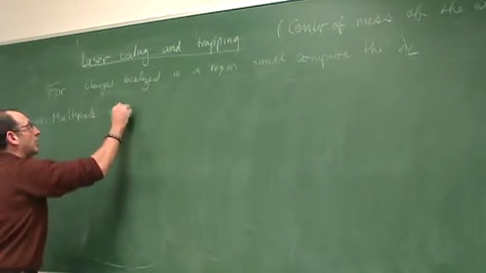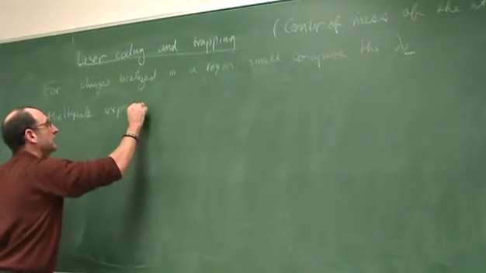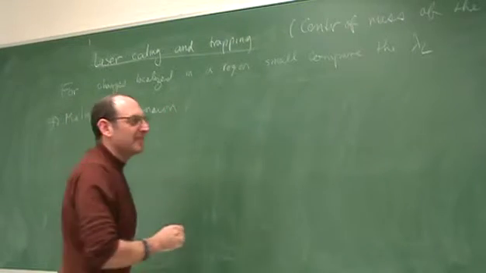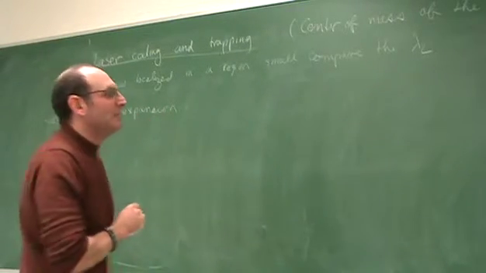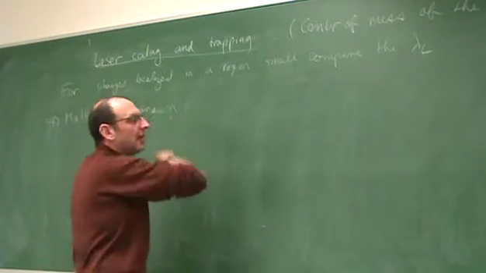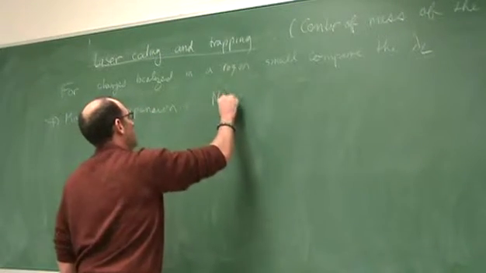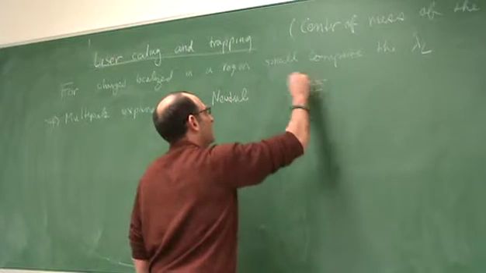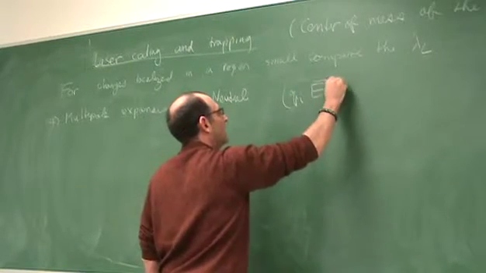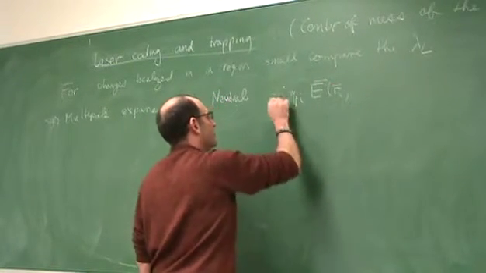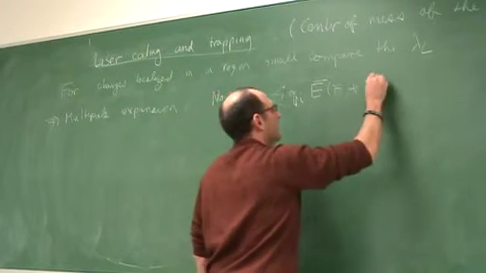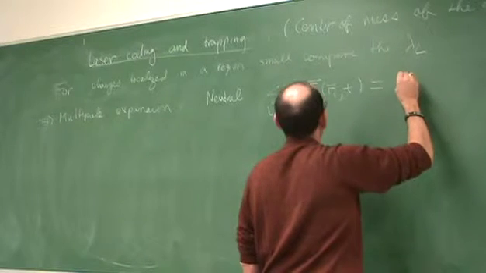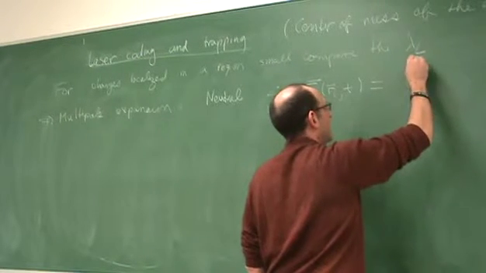And since we're talking about a neutral atom here, I hope we'll get to talk about ions before the semester ends. But for neutral atoms, there's no monopole moment, so the QE summed over the charges, the lowest order, is this force, the force on a dipole.